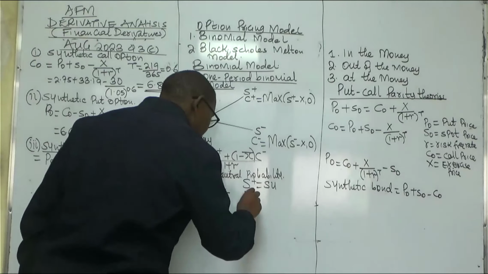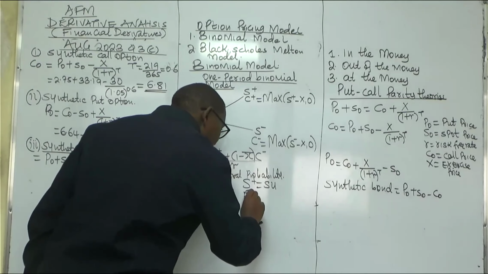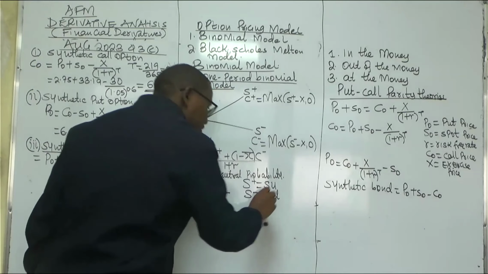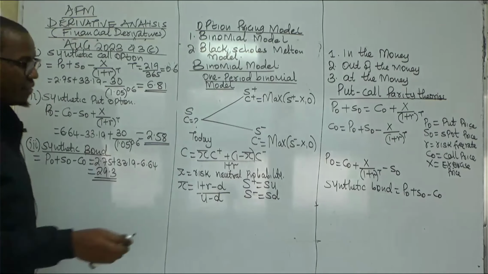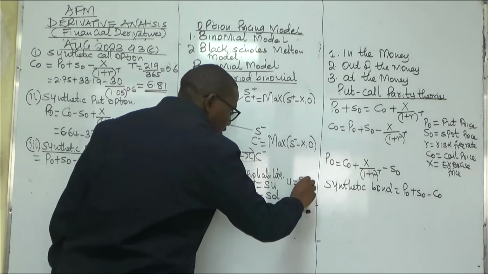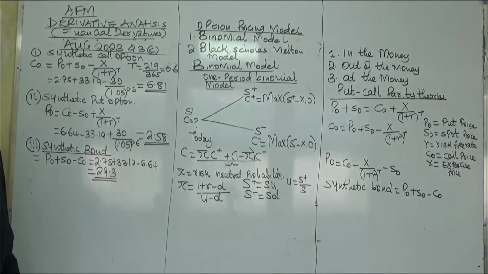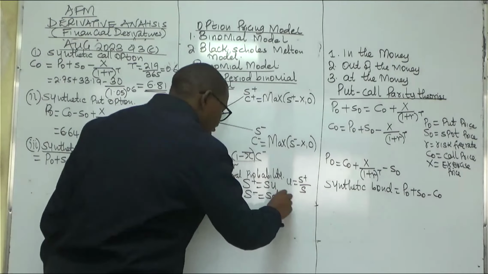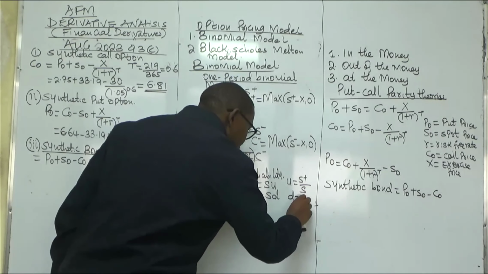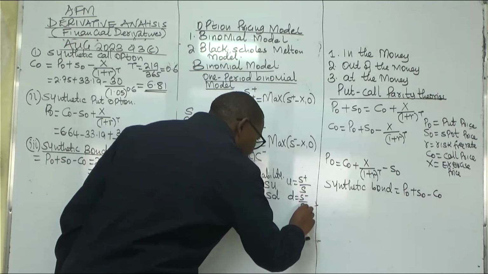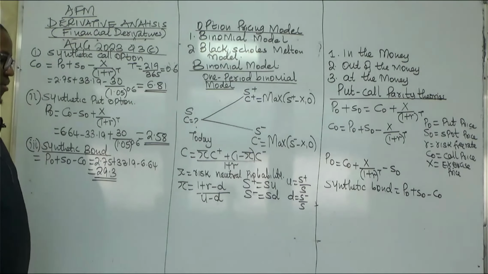If I want S minus, it will be SD. So to get U, given S plus, you divide by the current spot price. And D is S minus divided by S. That is how we get that.